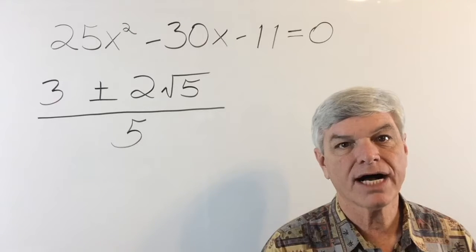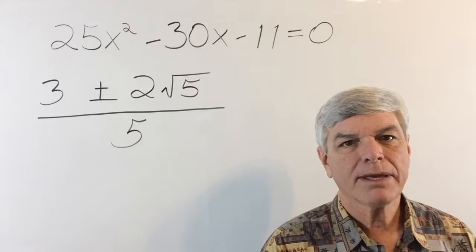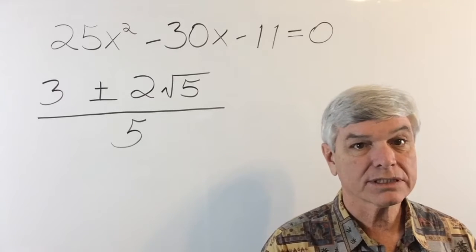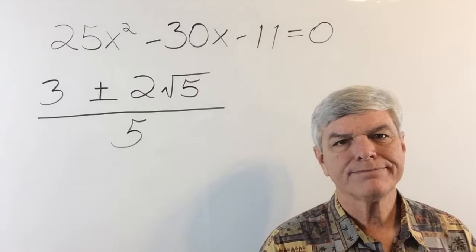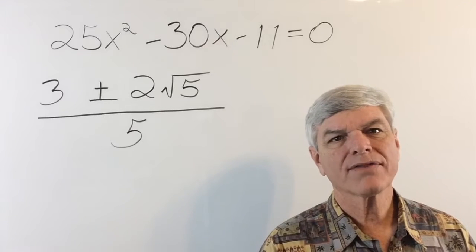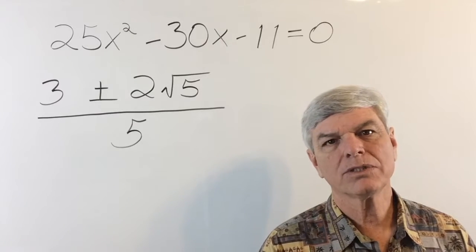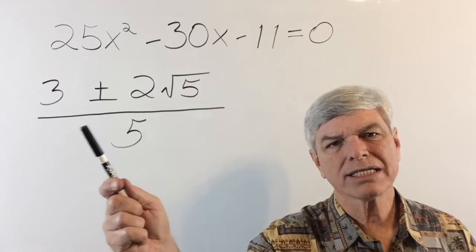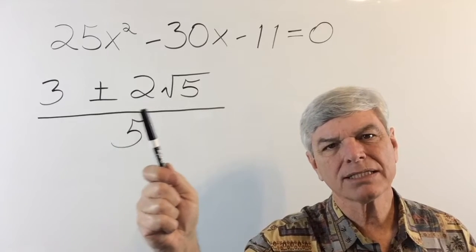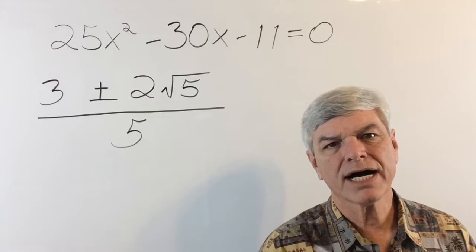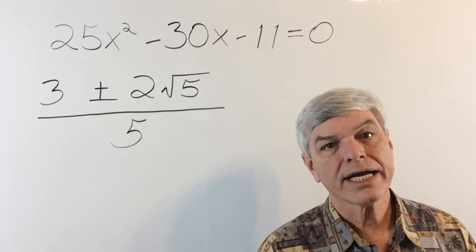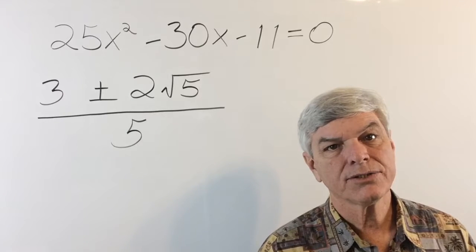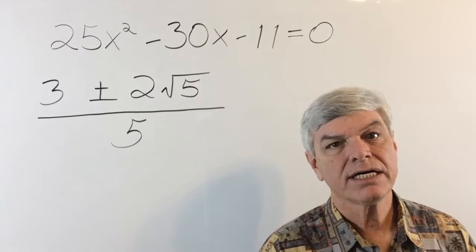And our answer is going to be 3 plus or minus 2 times the square root of 5, all of that over 5. And maybe I should have put x equals that. And I can write that twice. Some books require that you write it twice, most don't. And so I could write this twice like we did before, 3 plus 2 times the square root of 5 over 5, or 3 minus 2 times the square root of 5 over 5.